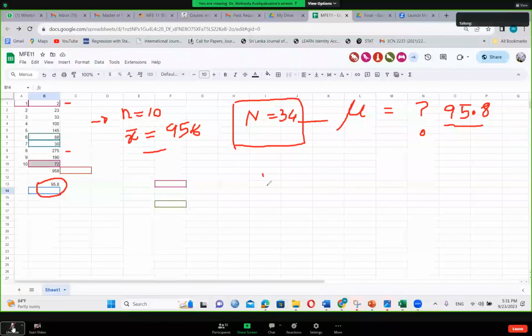The sample is nearly 1/3. Then it is actually quite a good representative sample.